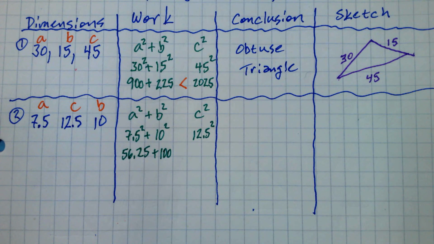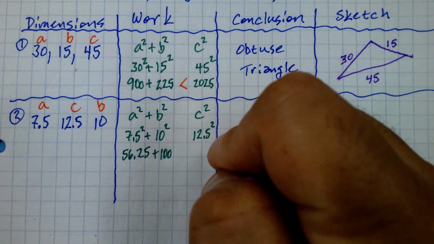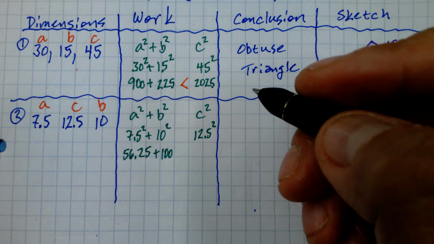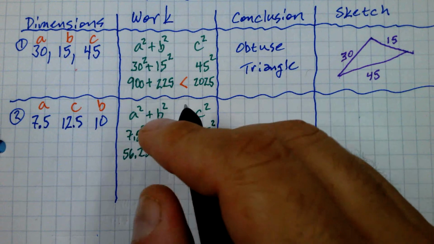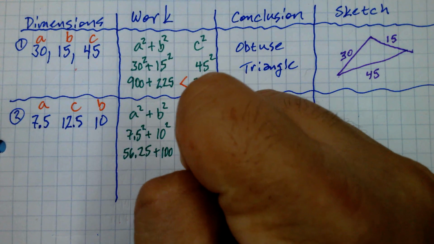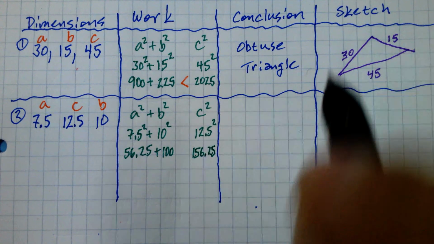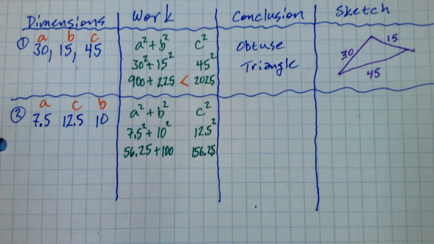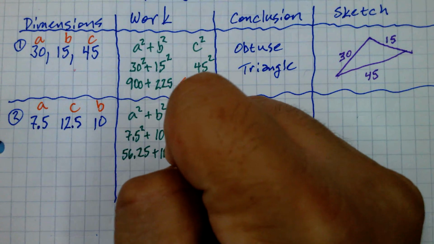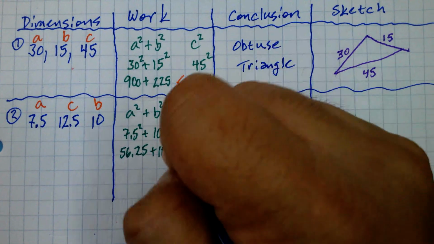All right, 12.5 squared. What's that going to give us? 156.25. So which one's bigger? They're equal this time. So what's our conclusion? A right triangle. It has to be equal.